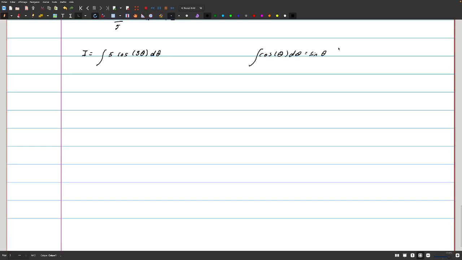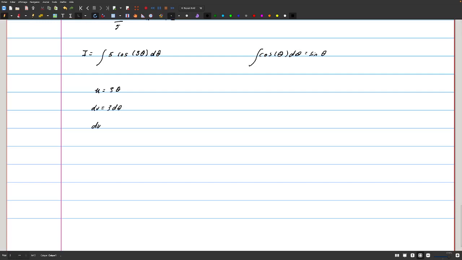So this one we don't really know right away what it can give us, but like I said, we have the u-sub. So if we put u is equal to the argument of the cosine, so we say u is equal to 3 theta, du is equal to 3 d theta.